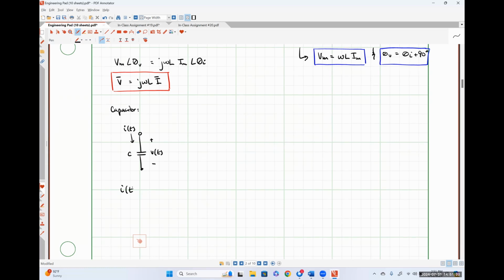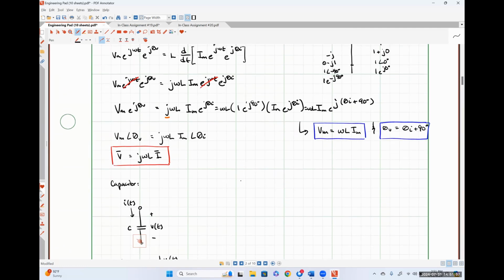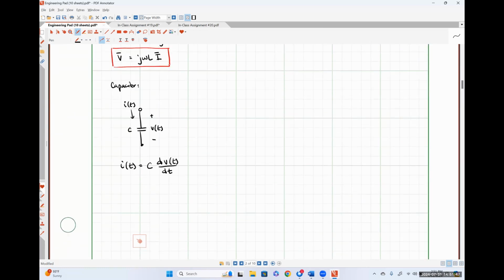The current flowing through a capacitor is equal to the capacitance times the derivative of the voltage with respect to time. So all of the work that we're about to do here is extremely similar to what we did up here, except that the current is going to be on the left-hand side and the voltage is going to be on the right-hand side, right?